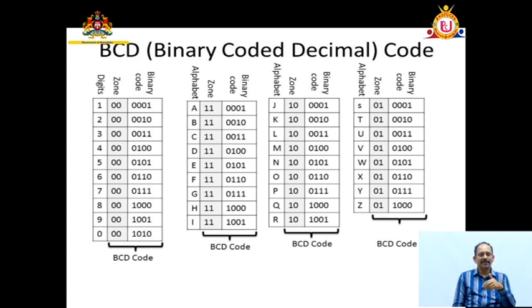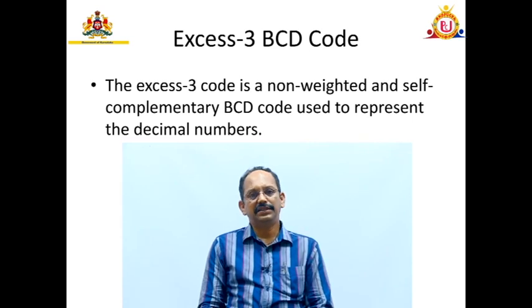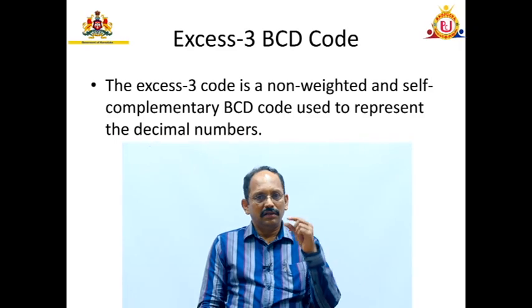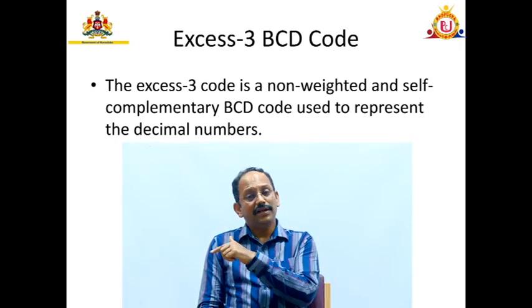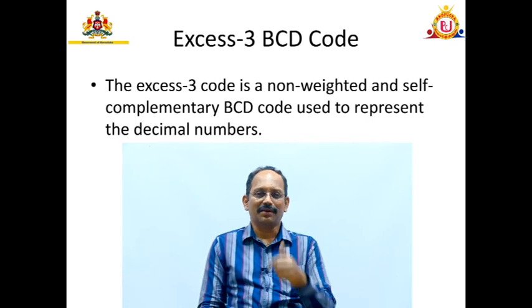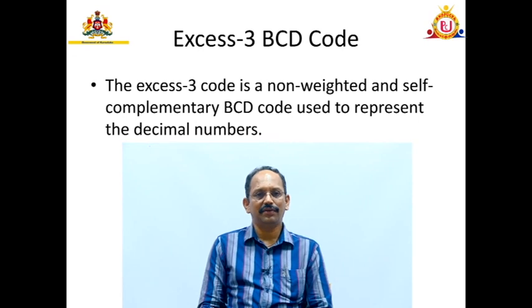To overcome this problem, XS3 BCD code is introduced. So in the XS3 BCD code, the actual binary number is converted into a decimal number.